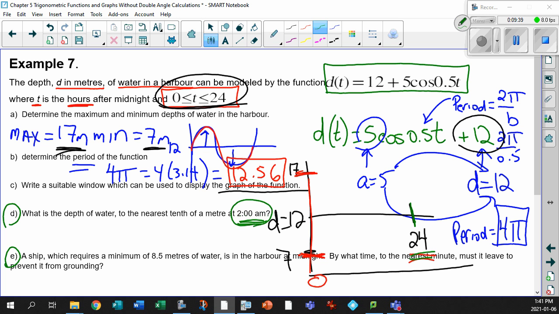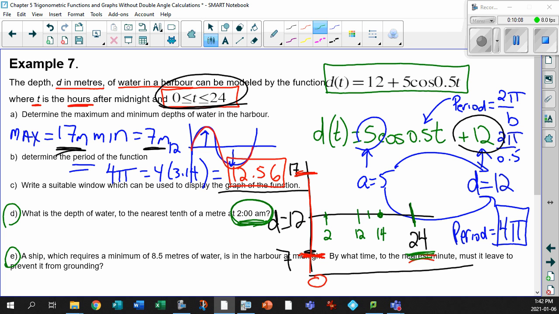So where is 2 a.m.? 2 a.m. is here. Where's 2 p.m.? 2 p.m. would be, well, there's 12 noon, there'd be 1, there'd be 2 p.m., which is actually at 1400 hours on your 24-hour clock. Aha, so be careful because they're going to get you on that. So we're looking for 2 a.m., which is right here.